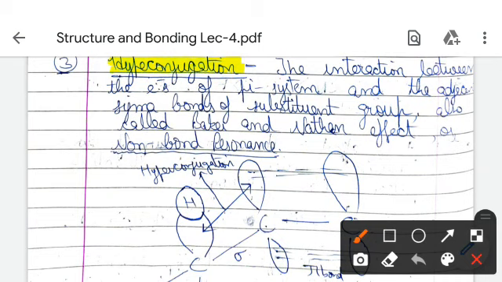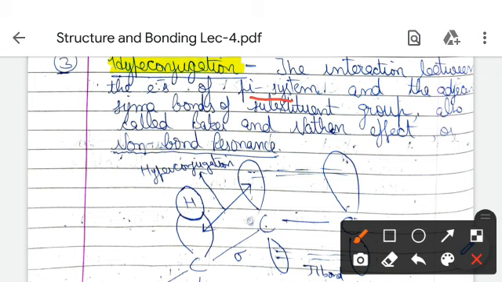It is the interaction between the electrons of a pi system and the adjacent sigma bonds of a substituent group, and it is called hyperconjugation. It is also called Baker-Nathan effect, or it is also called no bond resonance.